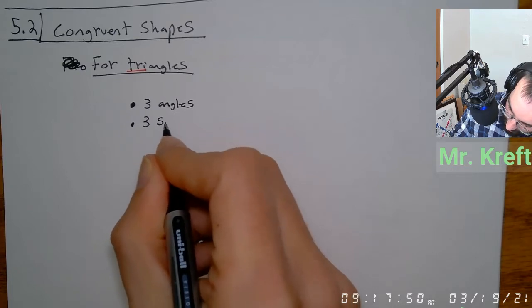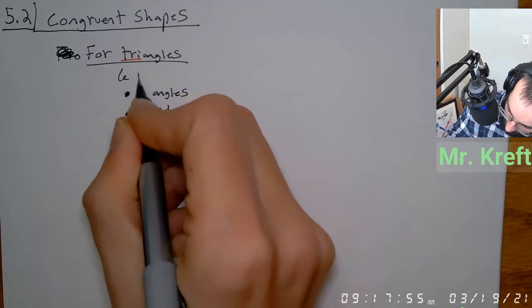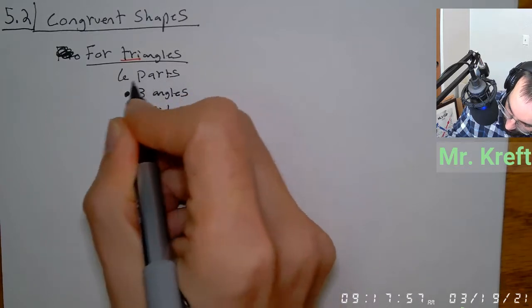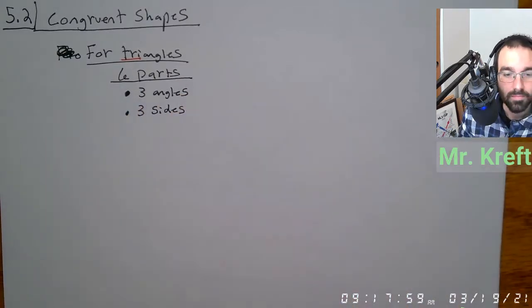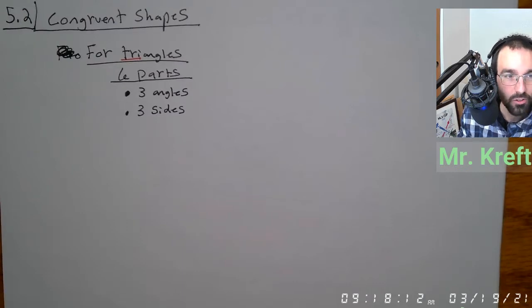So you guys were telling me that there's 3 parts, but there are 6 parts. So there's 3 angles and there's 3 sides. So there's 6 parts total.